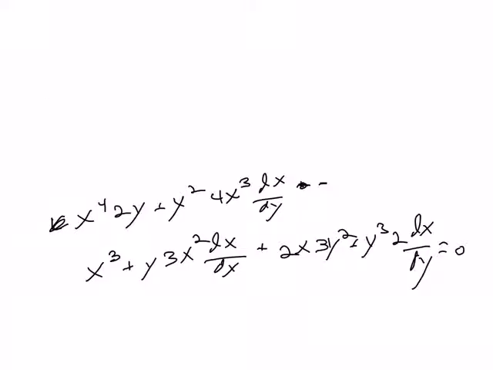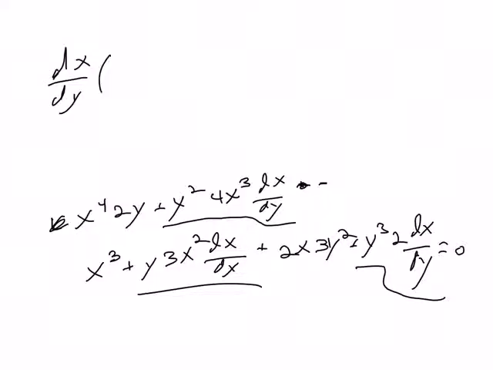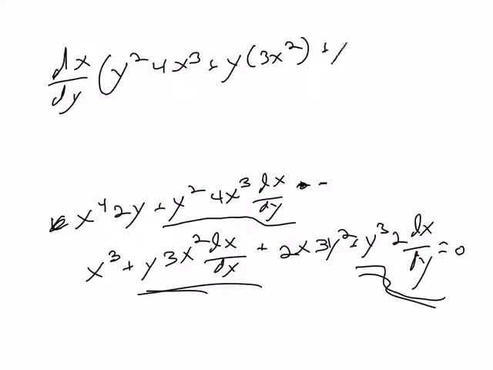So now we're again going to just solve for dx over dy. It's going to be y squared times 4x to the 3rd plus this plus y times 3x squared, and then plus this, which is plus y to the 3rd times 2.